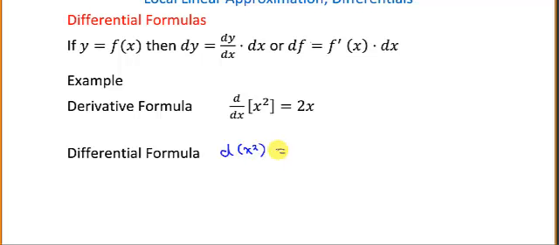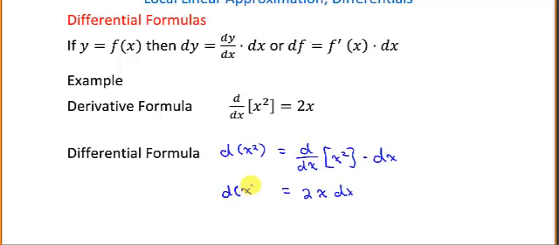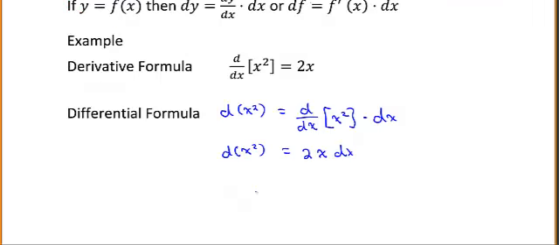The differential of x squared is going to be the derivative of x squared with respect to x times dx. And of course, the derivative of x squared is 2x, so this differential d of x squared is 2x dx.